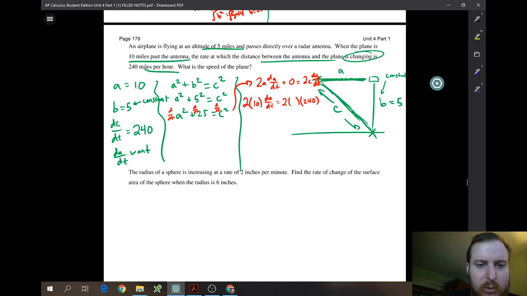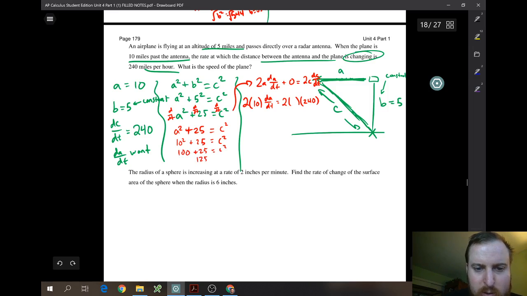Where can we solve for c? We can solve for c back in our equation. A squared plus 25 equals c squared. So 10 squared plus 25 equals c squared. So that's 100 plus 25, or 125, equals c squared. Take the square root, and we get square root of 125 equals c. So square root of 125.